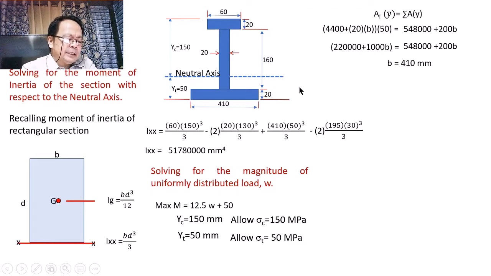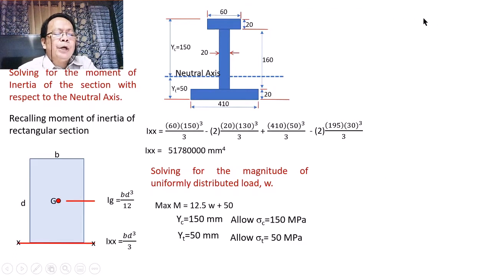Now, if we will be substituting this in our equation for the stress, that stress is equal to Mc over I, na kung saan, yung stress will be the allowable stress, M is the maximum bending moment produced, c is the distance of the farthest fiber in either tension or in compression, and I is the moments of inertia of the beam cross-section with respect to the neutral axis.